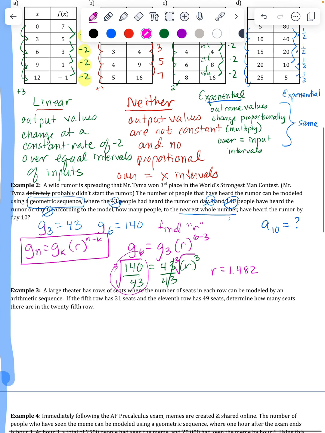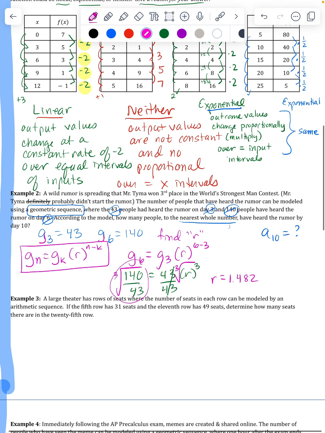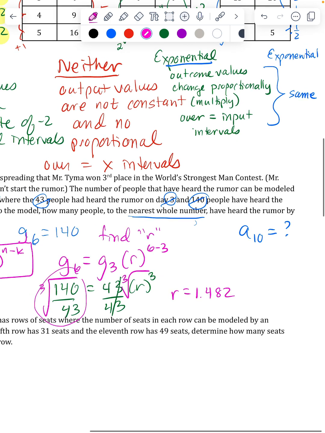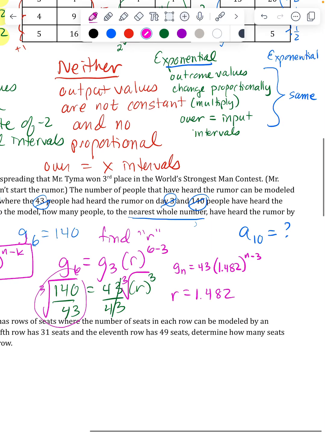So my formula to figure out other terms is going to be to find any term. You can start at term 3, which was 43. You can use this R value to the n minus 3 power, because this was my 3rd term, 43.